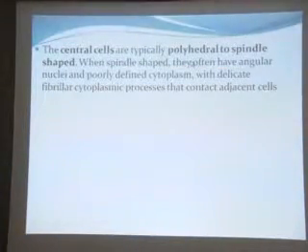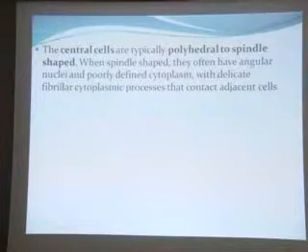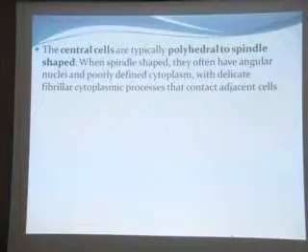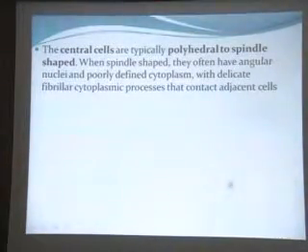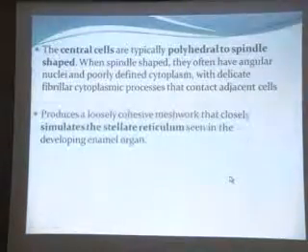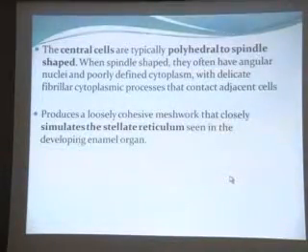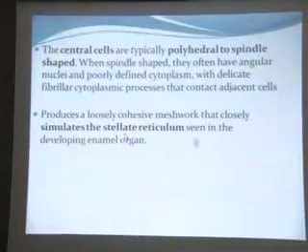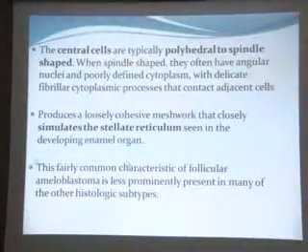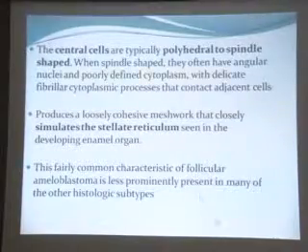When spindle shaped, they often have angular nuclei and very poorly defined cytoplasm with delicate fibrillar cytoplasmic processes that contact the adjacent cell. Such polyhedral to spindle shaped cells with long anastomosing processes simulate the stellate reticulum-like cells which we have seen in the developing enamel organ.